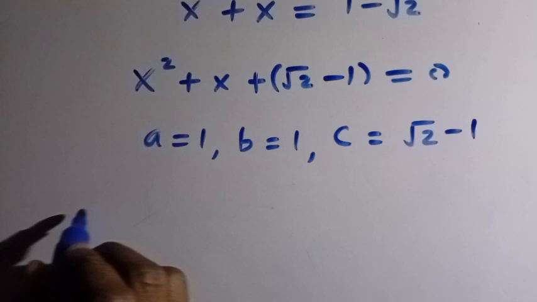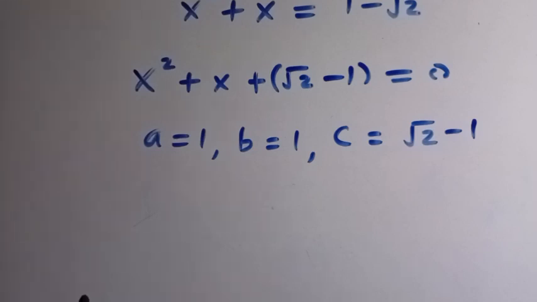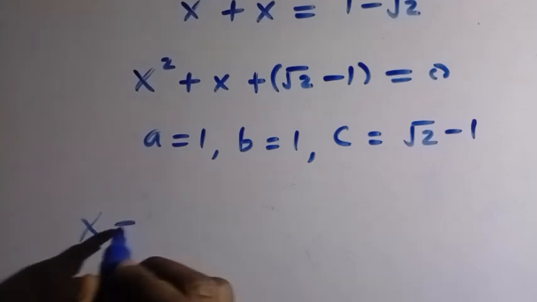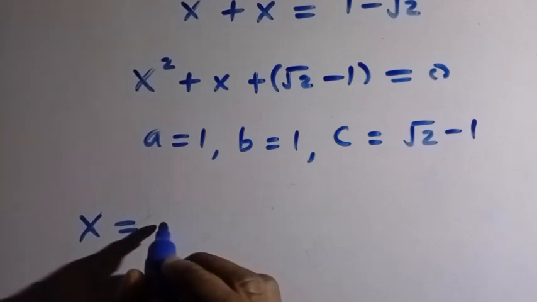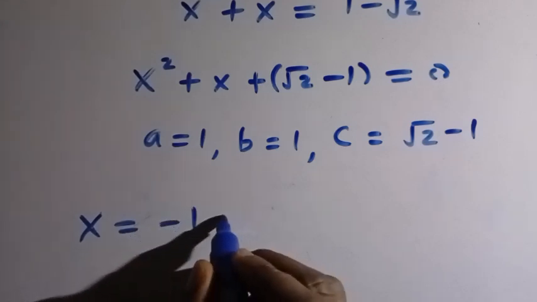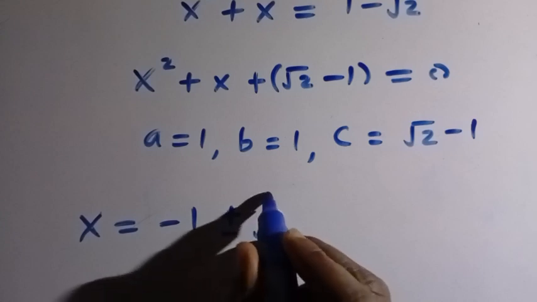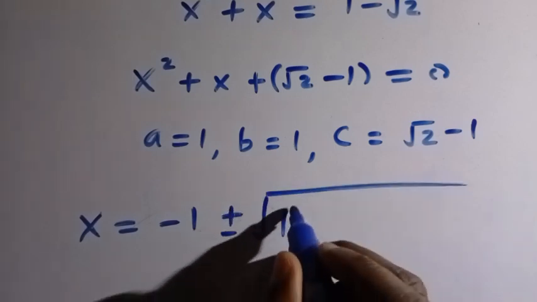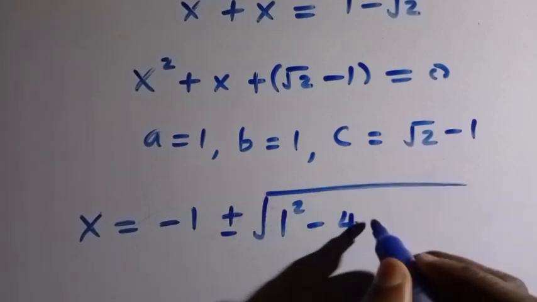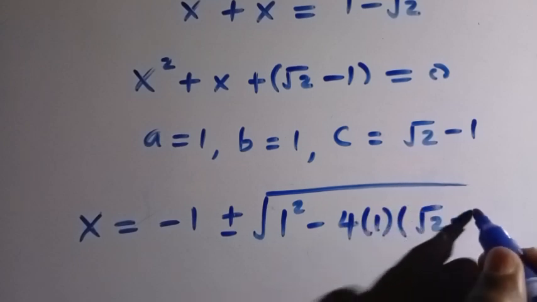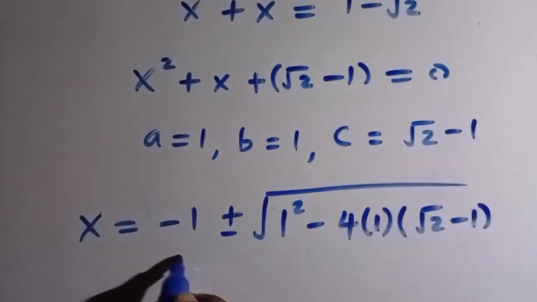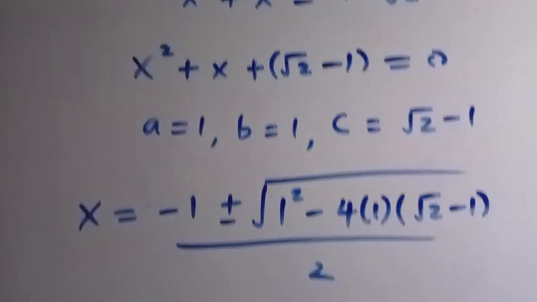Let's substitute it in the formula we just used above. We are going to have x equals minus b, which is minus 1, plus or minus the square root of b squared, that is 1 squared, minus 4 times 1 times root 2 minus 1, all divided by 2.